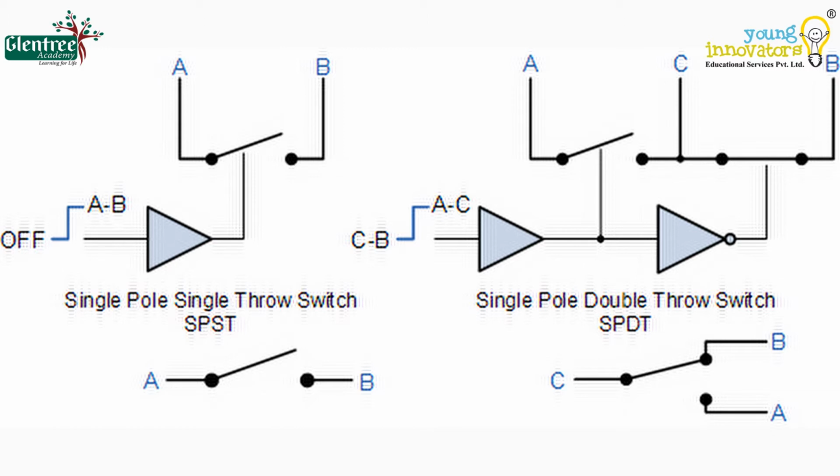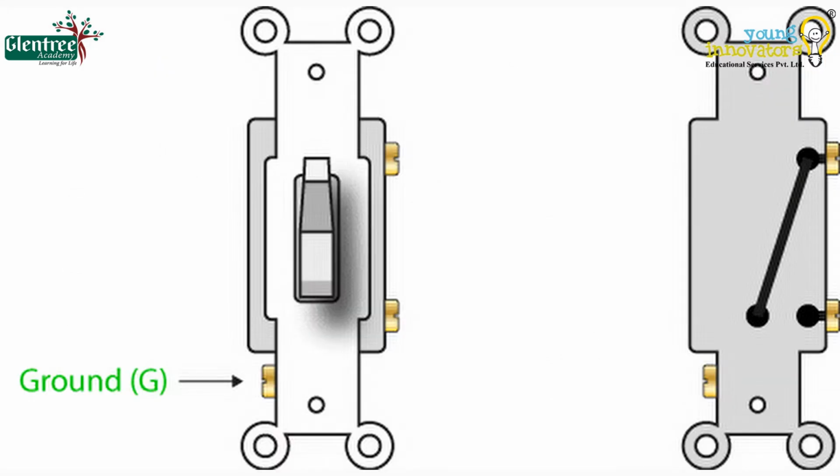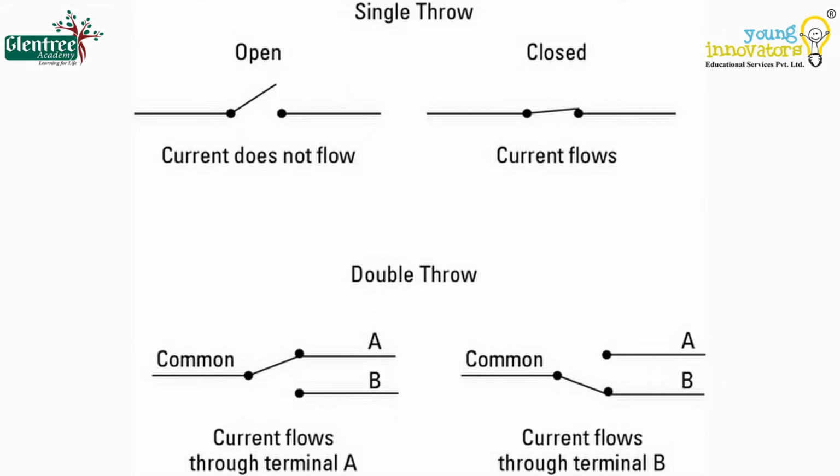So, if a switch has one pole, it can control only one circuit at a time. We also have two-pole switches. A throw in the switch defines the number of positions the poles in the switch can be connected to. For example, if a switch has a single throw, it means that it can control only one circuit.